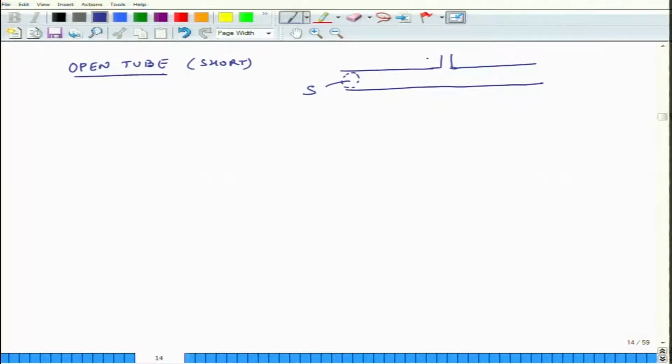So, if the diameter of this tube is 2a and the length of this tube is L, then I am going to again directly write the results. The amount of power transmitted can be expressed as AT.